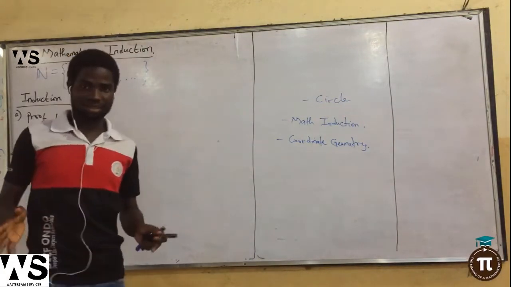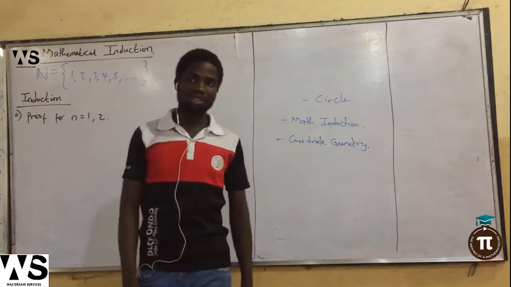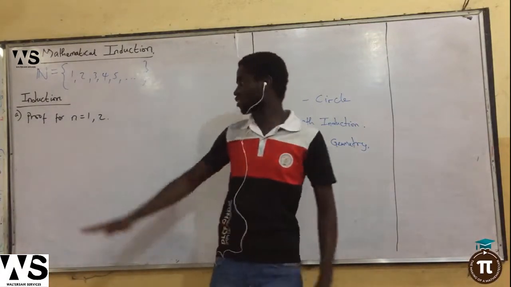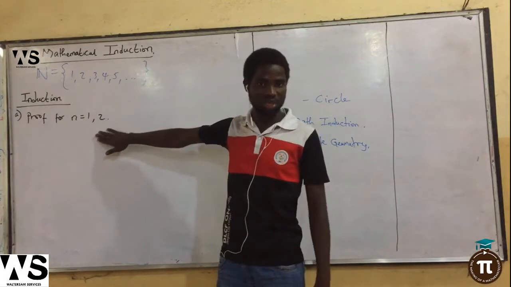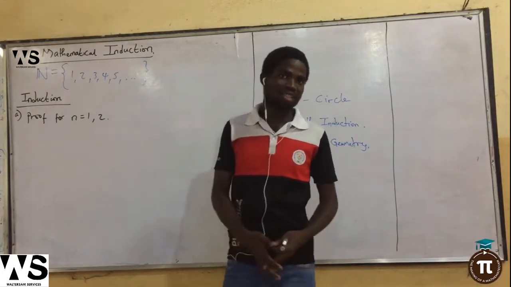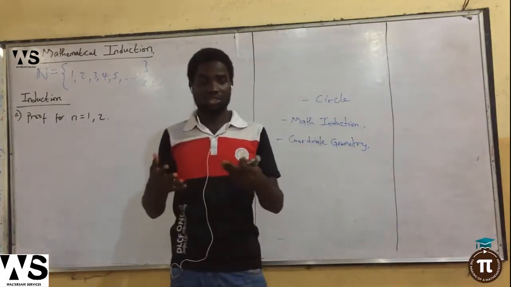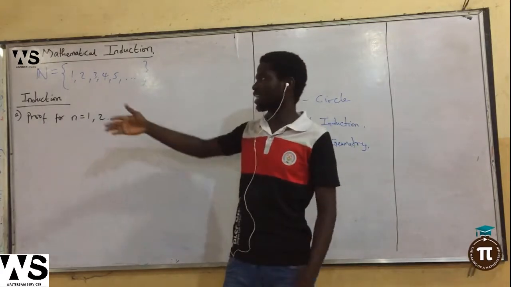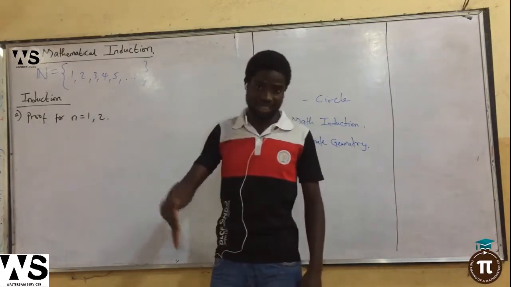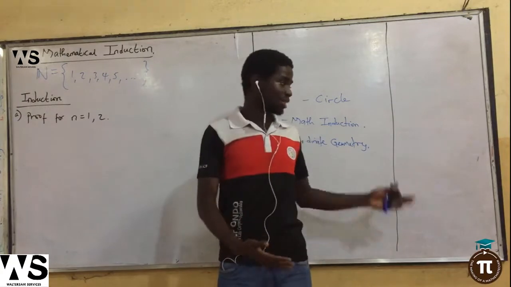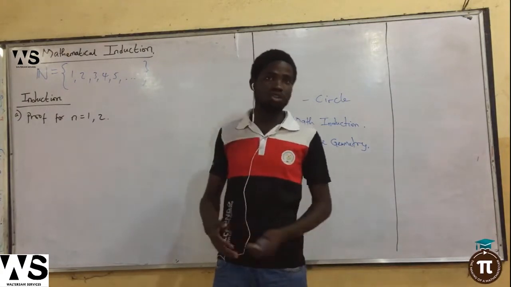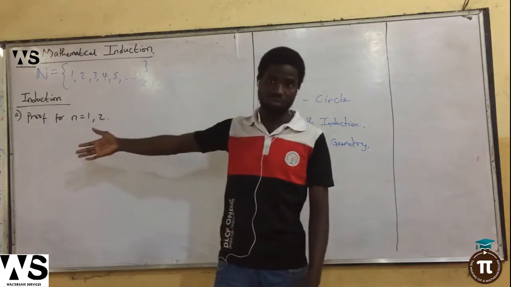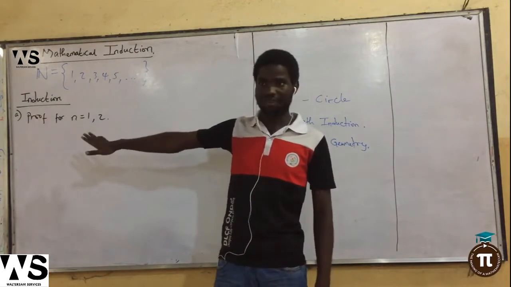But in reality, when you are proving by induction, you can prove for 1. This is called the base step. The base step means that you will first prove that it is true for n equal 1. Although during this lecture, I will take time to also prove that it is true for n equal 2. That is the first thing you will do.